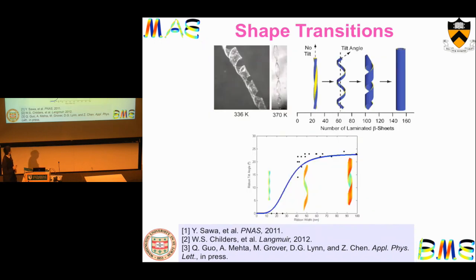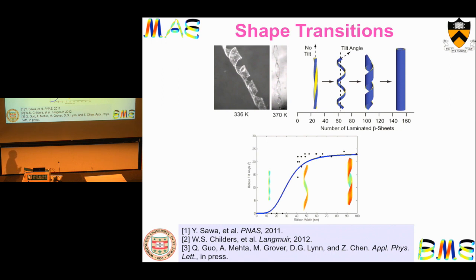And the shape transition from a purely twisted shape to nearly cylindrical shapes can actually occur in a variety of physical systems. For example, in liquid crystals, when there's a change of temperature, such transition can occur. And we've recently collaborated with a group of chemists and chemical engineers at Emory University and Georgia Tech, the David Lin group and Martha Grover.